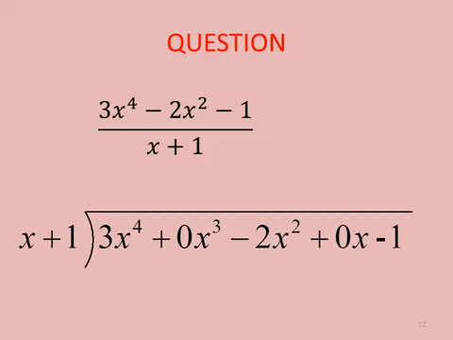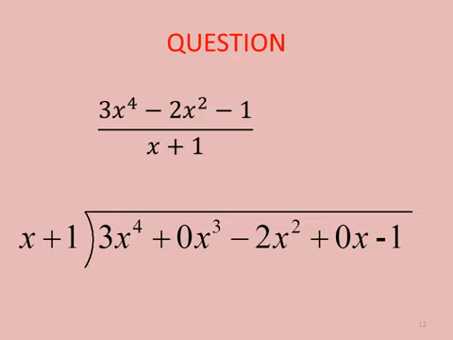You can see that the denominator, the divisor, is outside the bus stop: x plus 1. Inside the bus stop, we have 3x to the power of 4 plus 0x cubed minus 2x squared plus 0x minus 1.